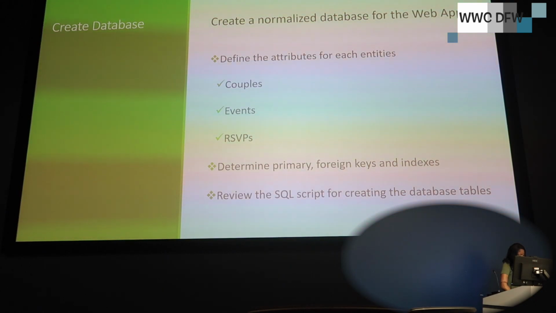All right, so again, we talk about the fact that it's going to be normalized. We looked at how it's going to relate. For this project, we also take the time to create the tables, define the primary and foreign keys and indexes for each data element.